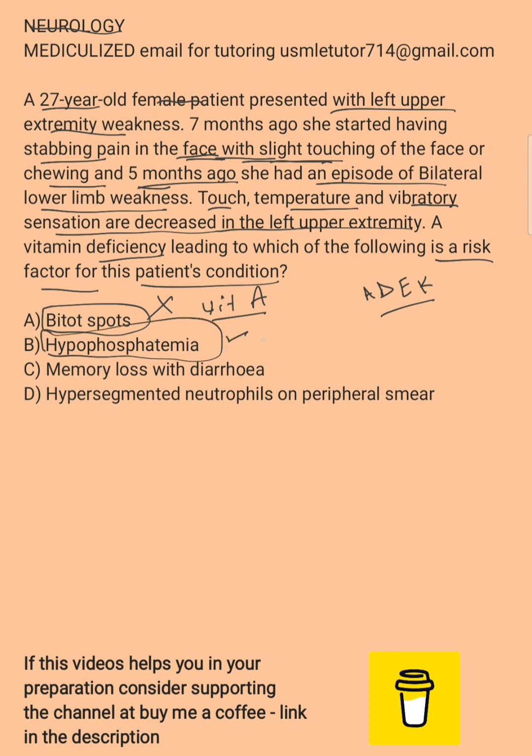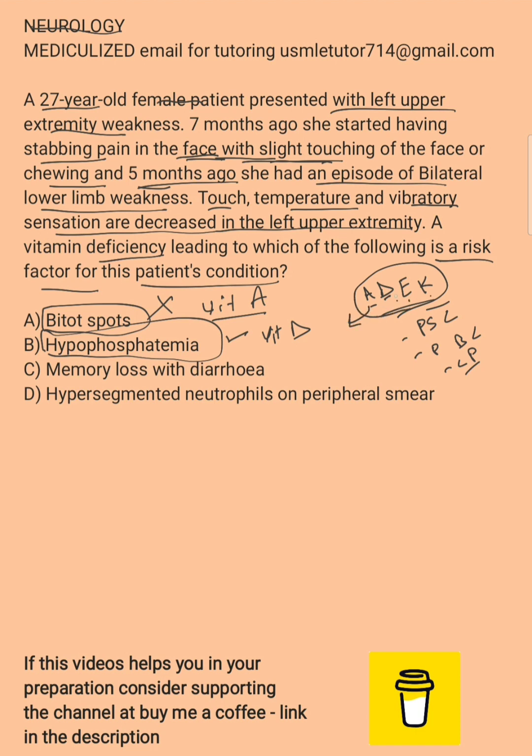So this will be the right answer, and this is vitamin D. Again, this is a fat soluble vitamin. Conditions that are going to cause fat soluble vitamin deficiency include primary sclerosing cholangitis, the causes of obstructive jaundice, because bile is needed for fat soluble vitamin absorption, and primary biliary cholangitis, and malabsorption, like chronic pancreatitis. These all are going to cause deficiency of vitamins A, D, E, and K.